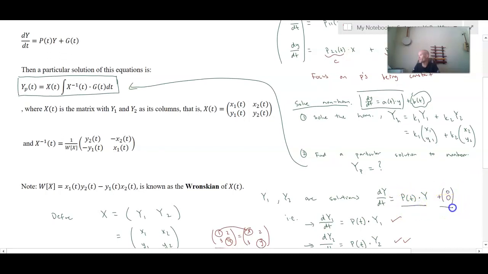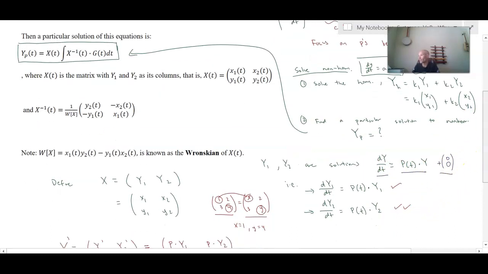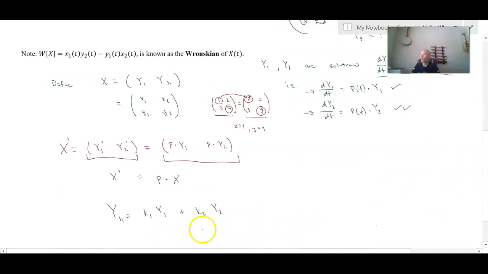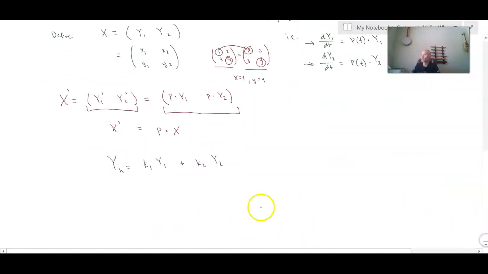Because if you think about it, this expression plus this expression equals this. But then if you change these back to g1 and g2, now when you add these together, they're going to give you something more than what you have on the left. So we're going to make a little assumption here. We're going to say that this is probably still going to be part of the solution, but that y sub p, this particular solution, is going to be some potentially non-constant multiple of y1.